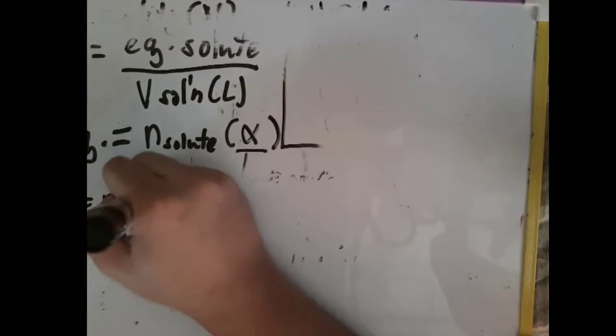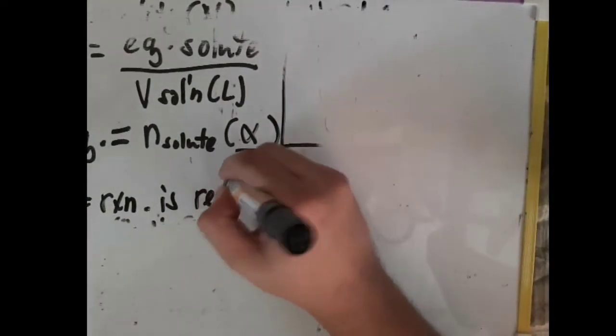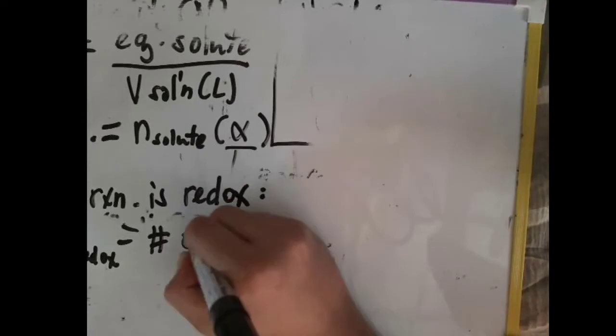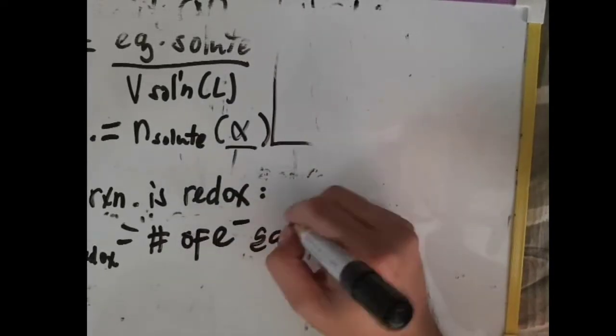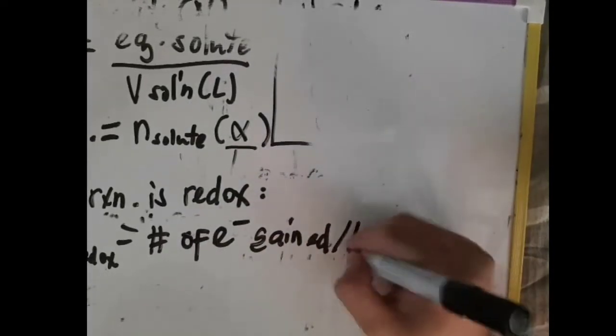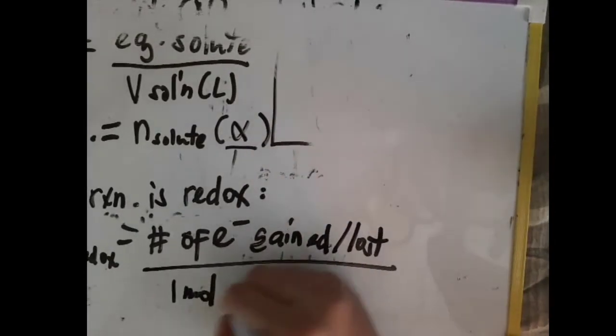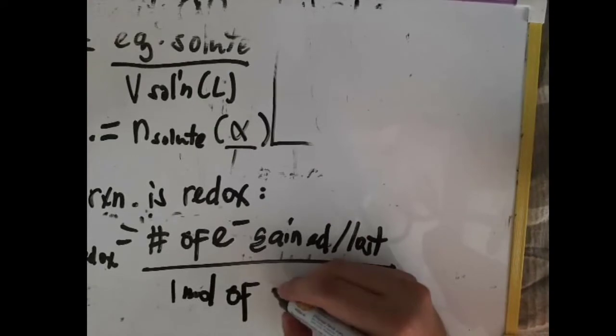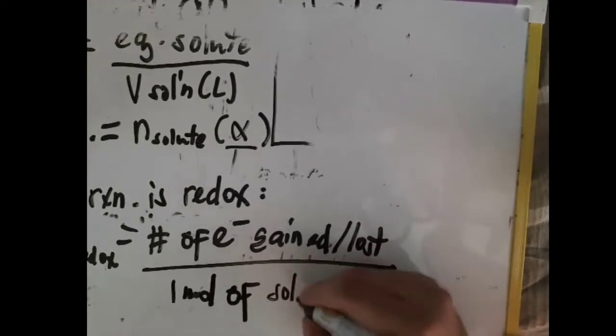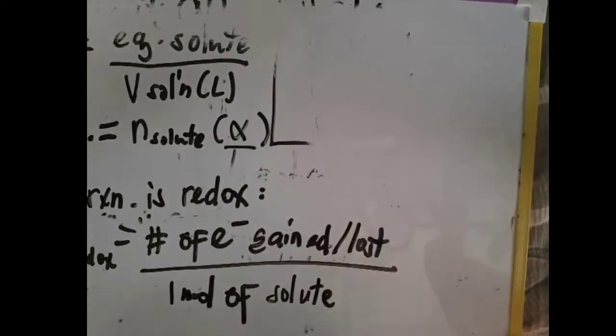If the reaction is a redox or oxidation-reduction reaction, the alpha is equal to the number of electrons gained or lost per 1 mole of the solute that undergoes oxidation or reduction.